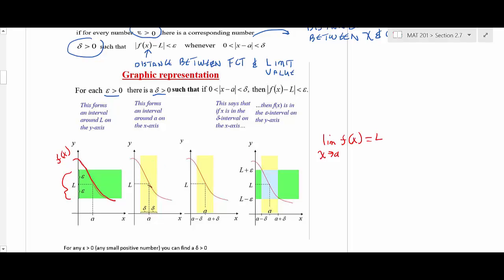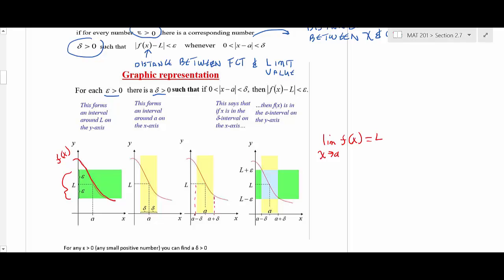And then if you follow that down to a, then delta is a positive number a little above a and a little below a. So you end up getting a delta band, like this. So you can think of this as going down for a plus delta would be kind of the end of that band.